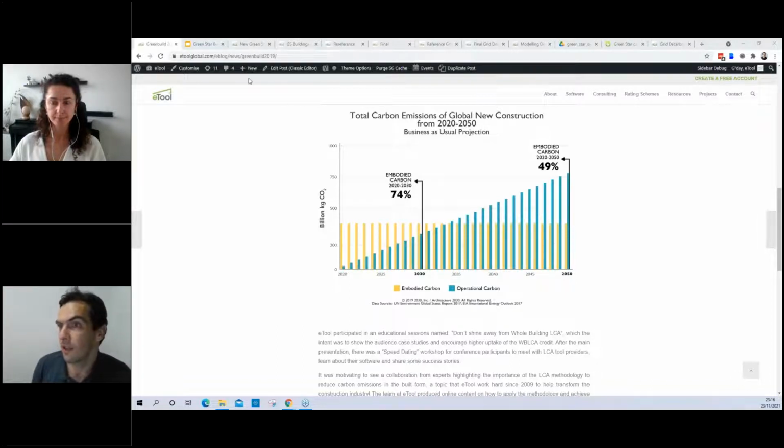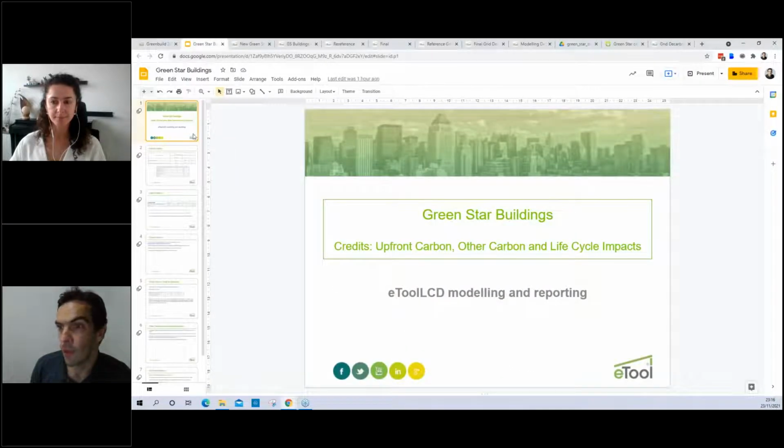So it's really good to see the new rating and what's coming for Green Star buildings, because it has more strict targets for materials and embodied carbon in general, but it is necessary.